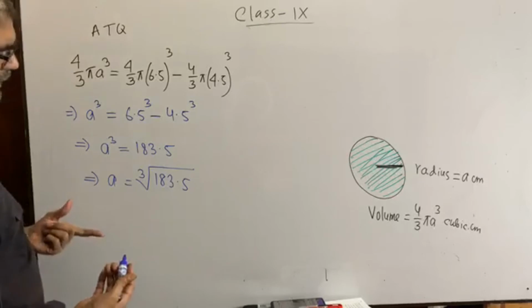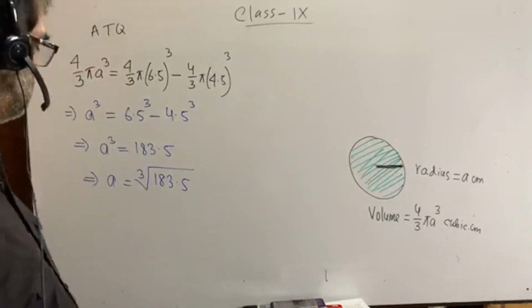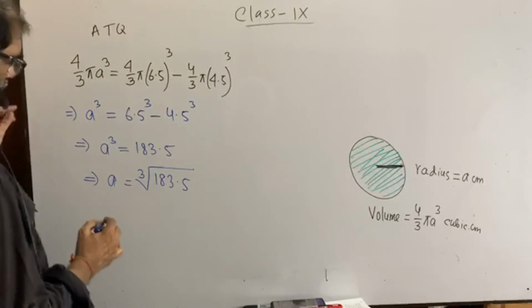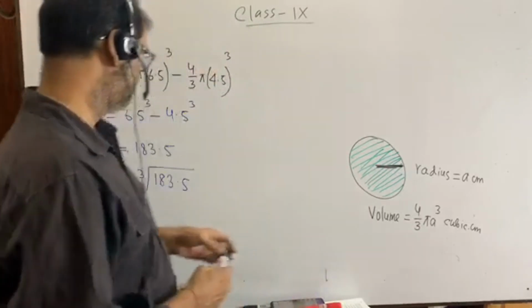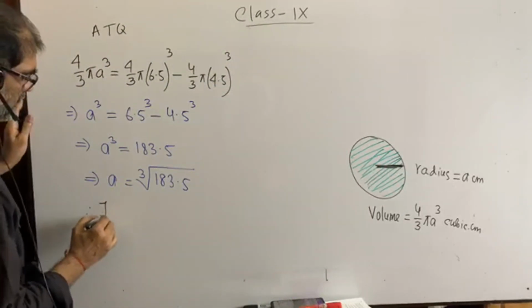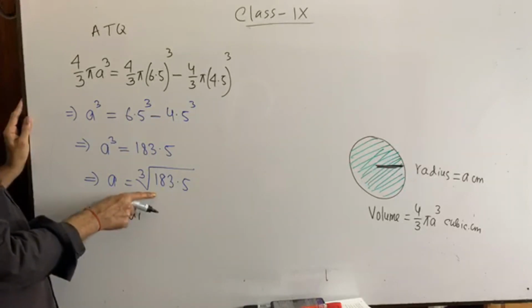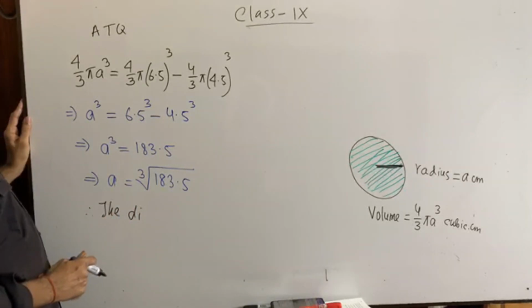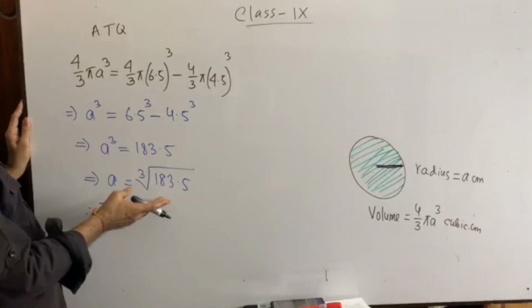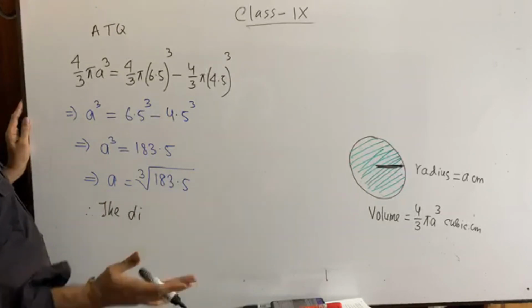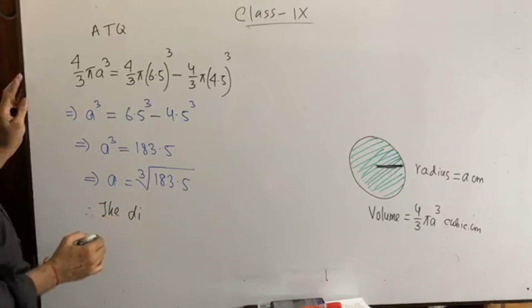A is the radius of the solid sphere, but I have to find the diameter of the solid sphere. So what is the formula of diameter? You know, twice the radius. Therefore you can write down the diameter of the solid sphere. You are required not to calculate here, otherwise you will not get the exact value, because after calculating you just omit some decimal digits. Don't do it.